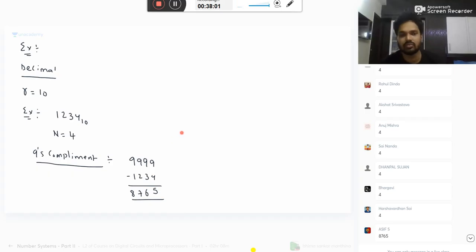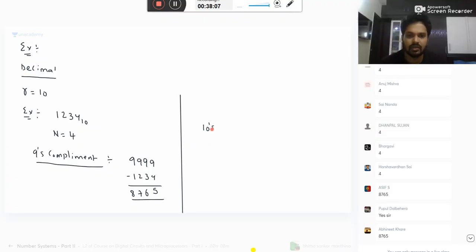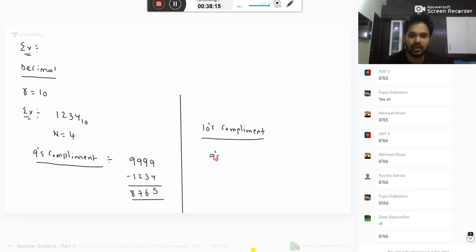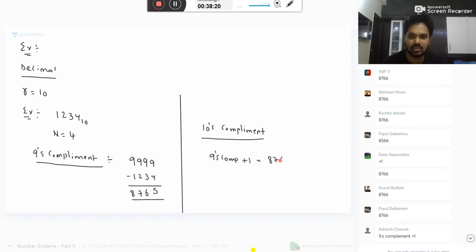Is it clear now? Then what is 10's complement? Here you should specify the base. Your 10's complement is 9's complement plus 1, that is 8766, or 10 power 4 minus the number. 10 power 4 is how much? 1 followed by 4 zeros, minus the number.